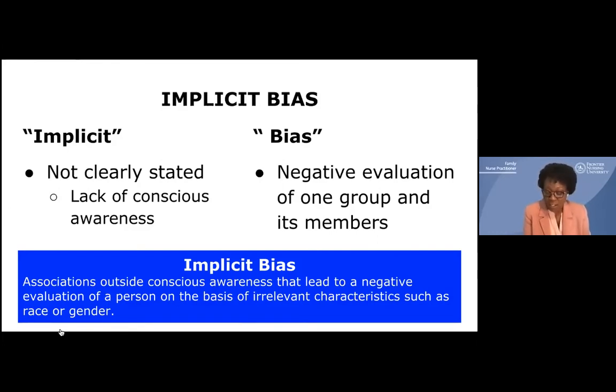A second characteristic is that implicit bias runs contrary to our stated beliefs about who we are as human beings. You can be a healthcare provider and say that you are deeply committed to the best outcomes for all of your clients.